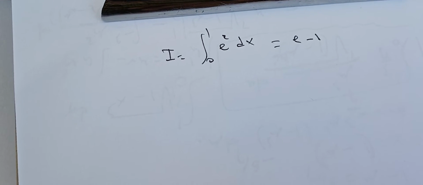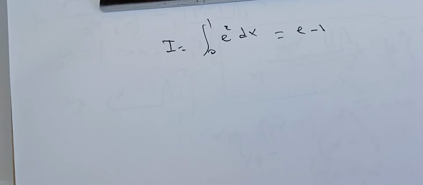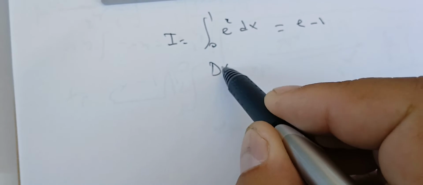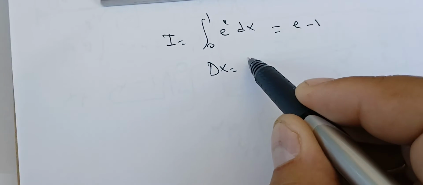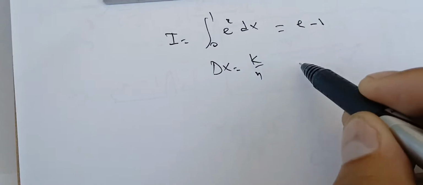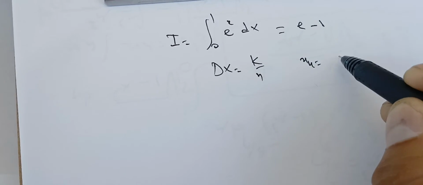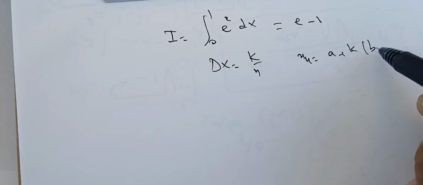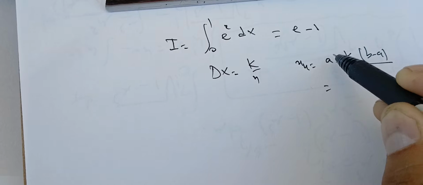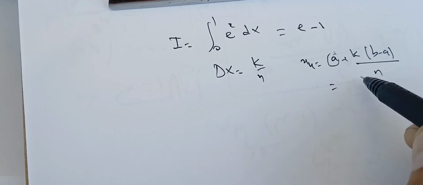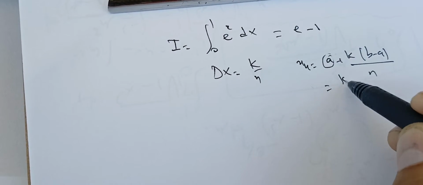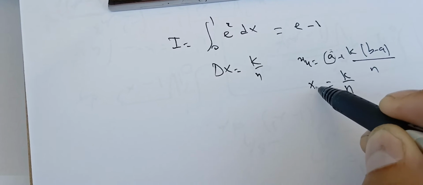Now we're going to use the right Riemann sum, with delta x equal to 1 over n, and x_k is a plus k times (b minus a) over n, with a equal to 0 and b equal to 1, so we get k over n.